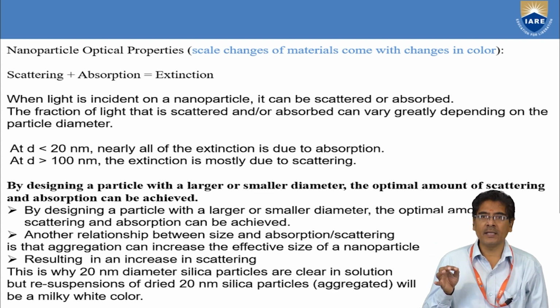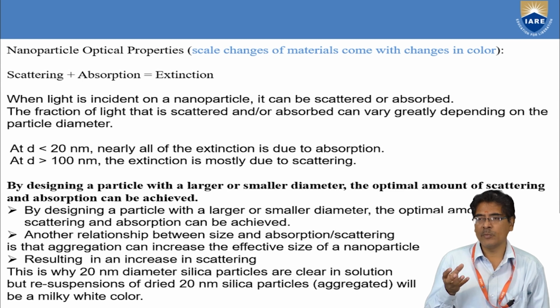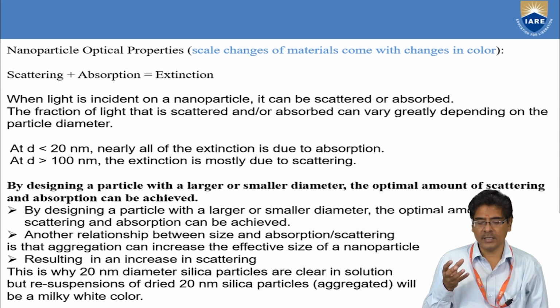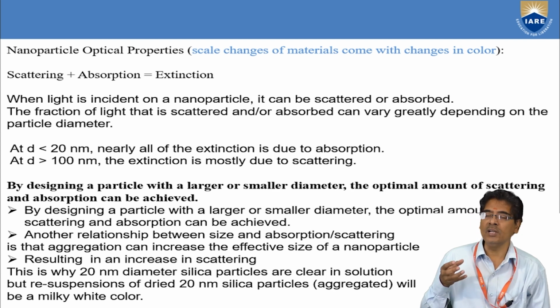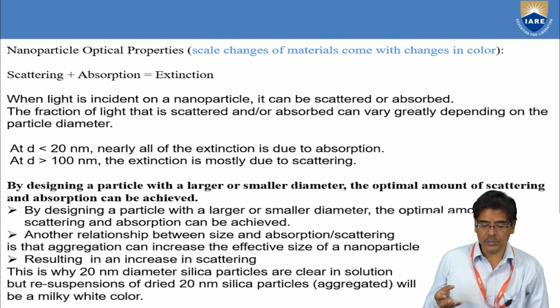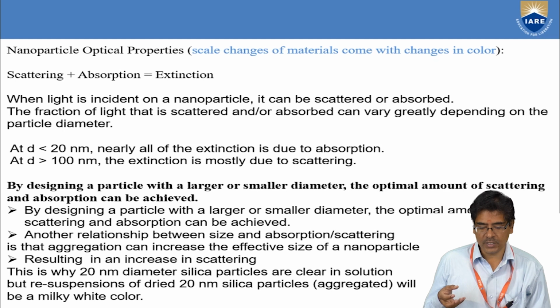By designing the particle with a larger or smaller diameter, the optimal amount of scattering and absorption can be achieved. That means controlling of scattering and absorption should be achieved.